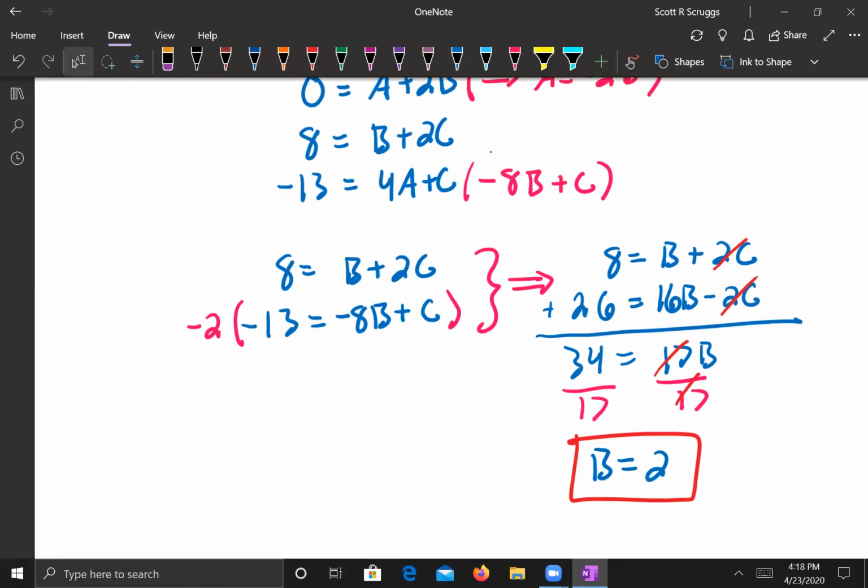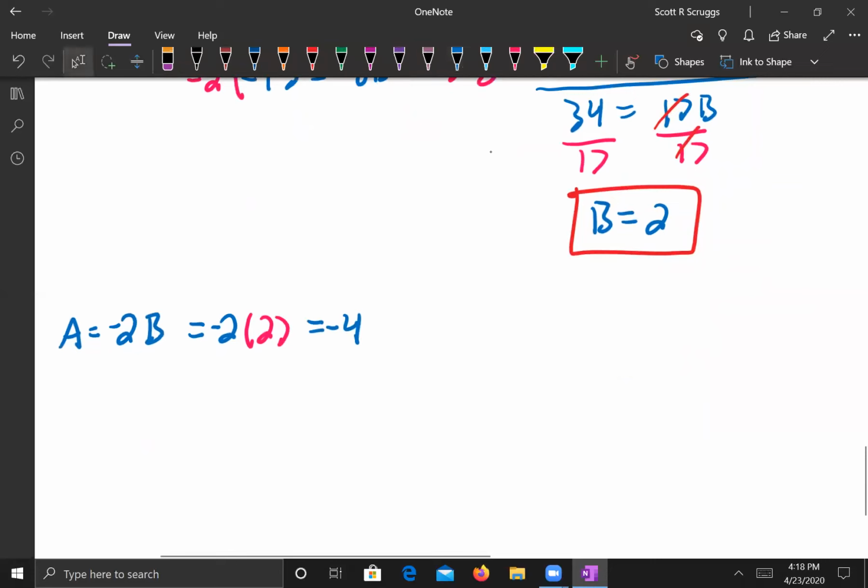And now I can solve for c by either plugging in 2 in the second equation or negative 4 in the third equation. For this case, I'm going to solve for c by plugging 2 into the second equation. So I have 8 equals 2 plus 2c. If I subtracted both sides by 2, I get that 6 is equal to 2c.